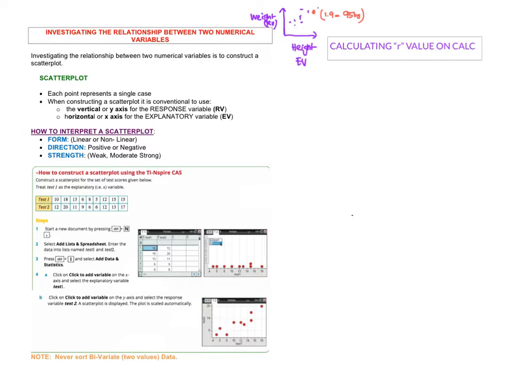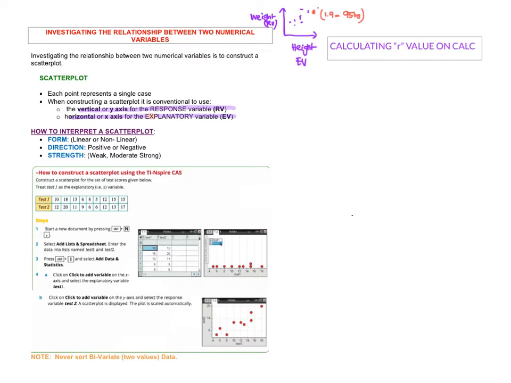Okay, so when we construct a scatter plot, the vertical or y-axis is the response variable and the horizontal is the explanatory. Remember what I said, explanatory, you can remember it's got the x, okay? But in your physics and chemistry and bio probably, you know the explanatory as independent and the response as the dependent, so that might help as well.